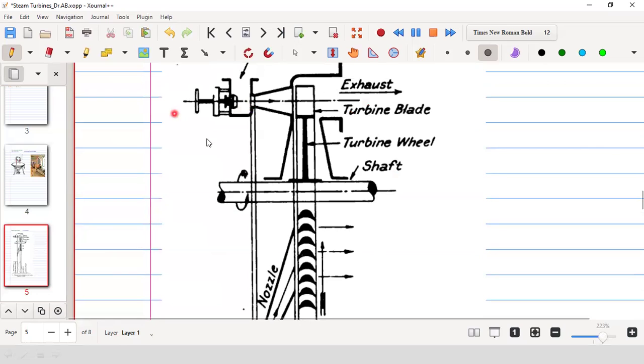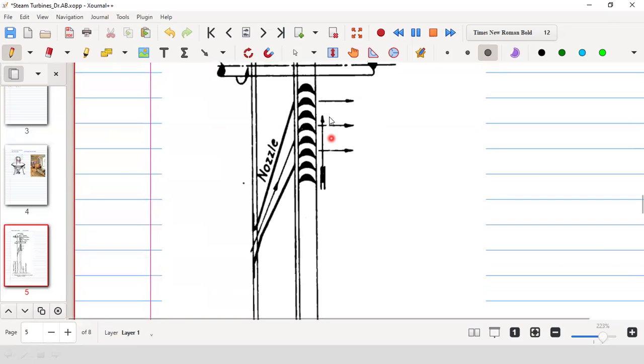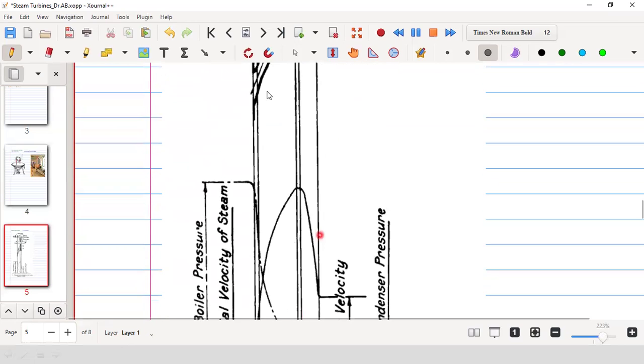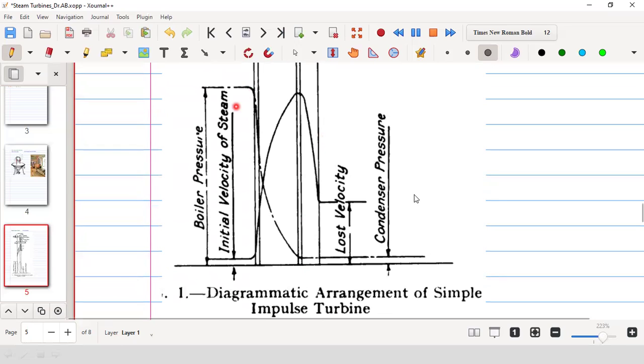This diagram is showing the plane passing through the axis, the top one. This is the one which is on the meridional plane, and this is showing the pressure and velocity variation. As you have just seen the pressure variation, this long chain dotted line is showing a pressure drop. Then there is no further pressure drop.